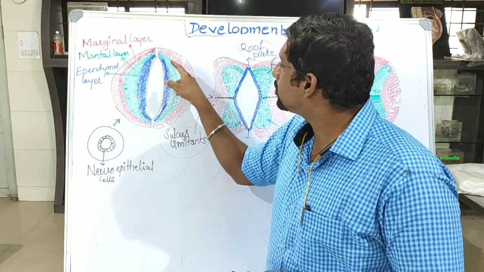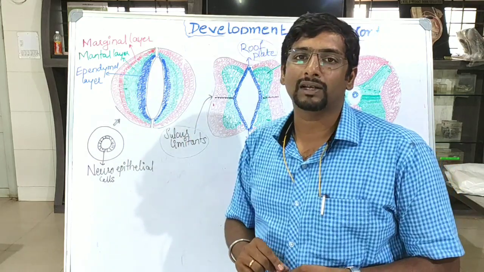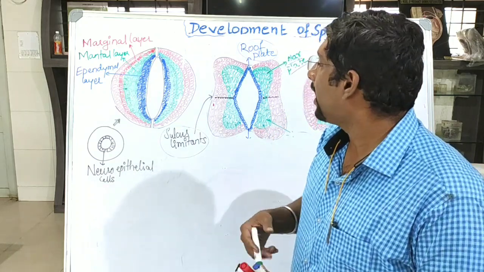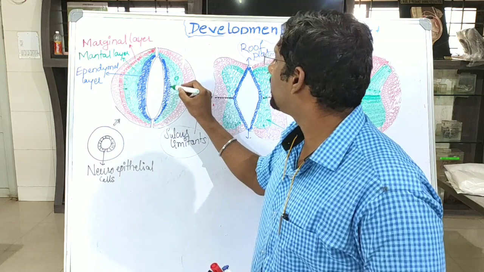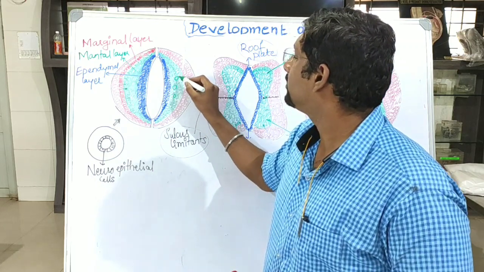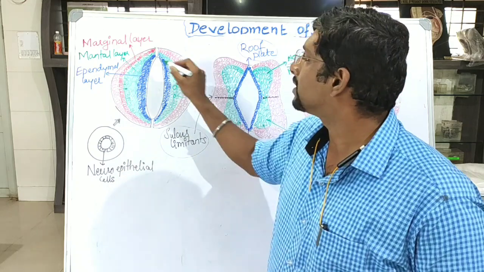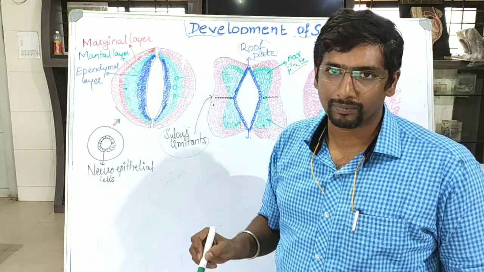Okay, here almost all neuronal cells will come, and the neuronal cells have their cell bodies in this layer, and their axons are going to spread out towards the marginal layer.